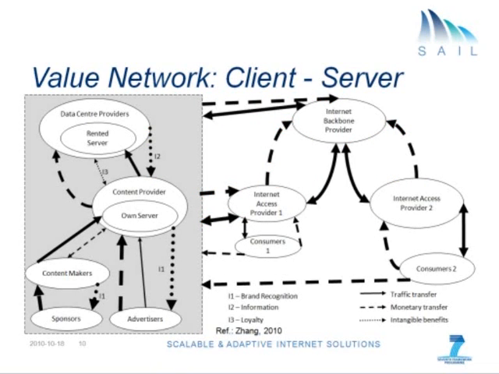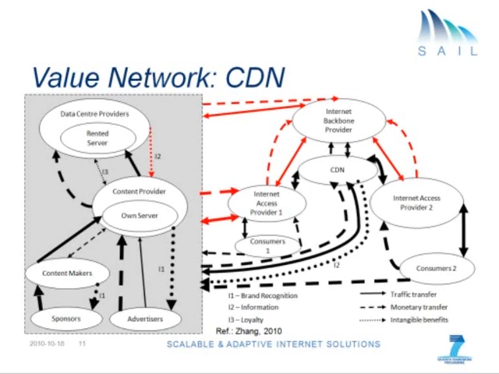So let's not analyze the client-server model more, but let's focus on how the content delivery network model differs from the client-server model. And there we can see a new player, a new actor, content delivery network provider, who is connected to the content providers. And then the red color shows that the weight of the arrow has changed.